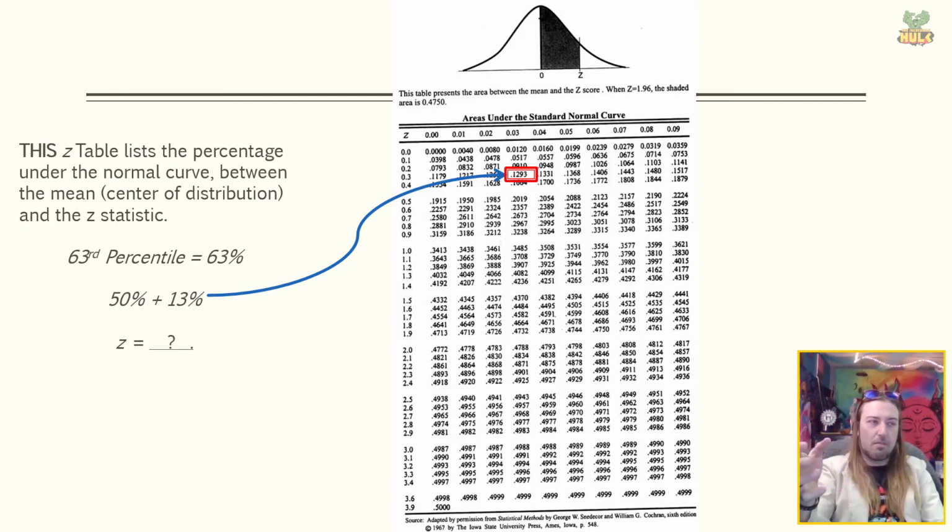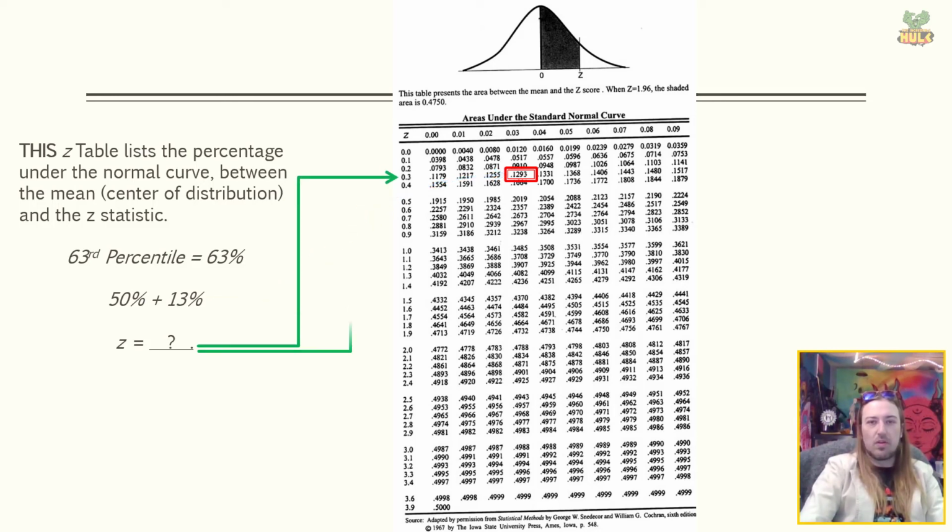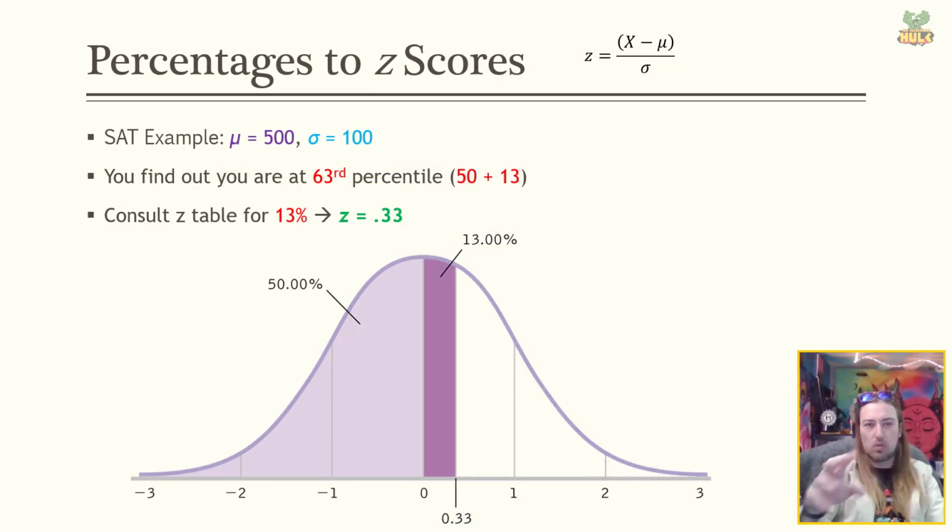In this case, because we're trying to find the z-score that represents this individual's percentile, we want to be conservative and not round over 13%, and instead round slightly under. So we're going to use the 0.1293 value, okay? So then if you look to see what that z-score actually would be, the 0.1293 corresponds to a z of 0.33, right?